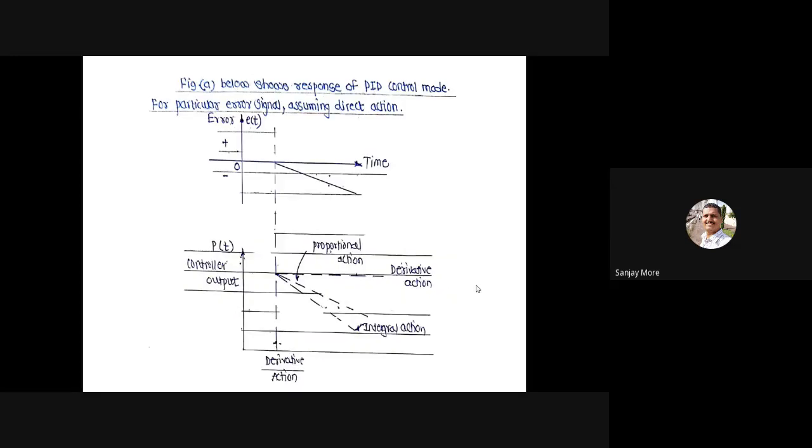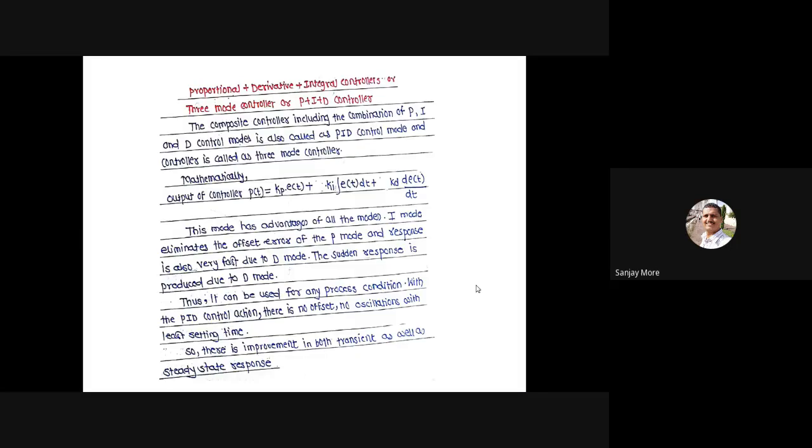See this graph. Before drawing this graph, write down these two three sentences on the three mode controller.